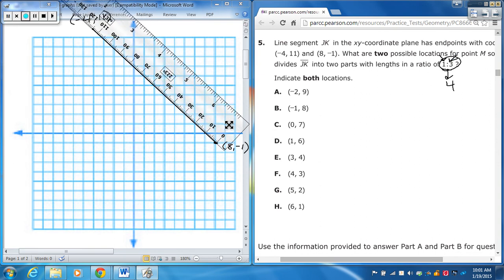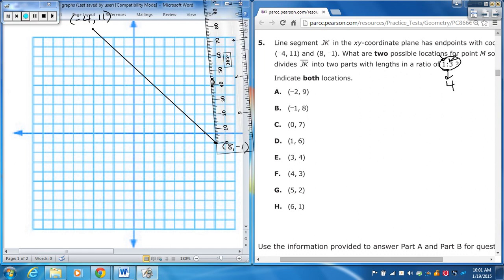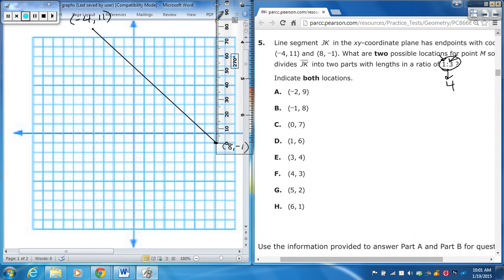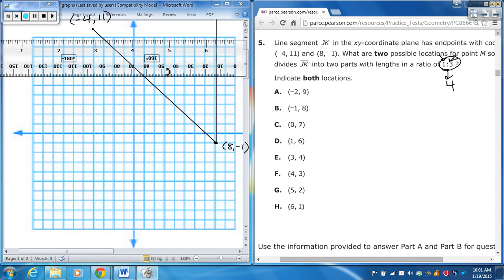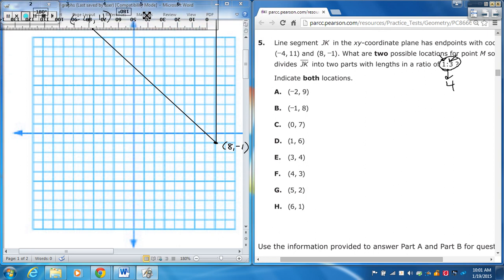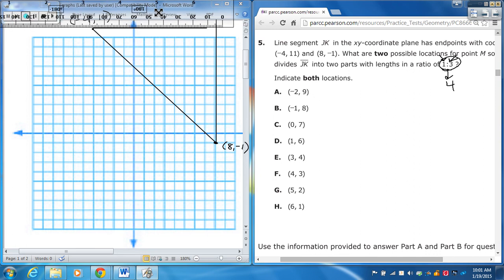So in order to figure out how to break this segment up into a ratio of 1 to 3, let's see here, there it is. I'm going to go ahead and drop it so I can measure the rise of my segment, and I can measure the run of my segment.